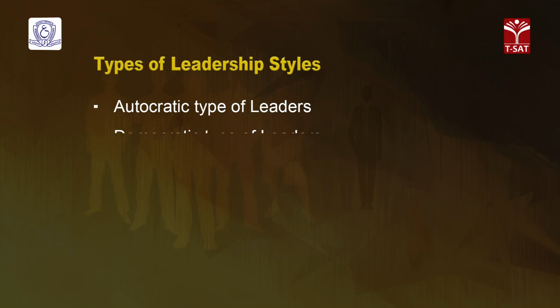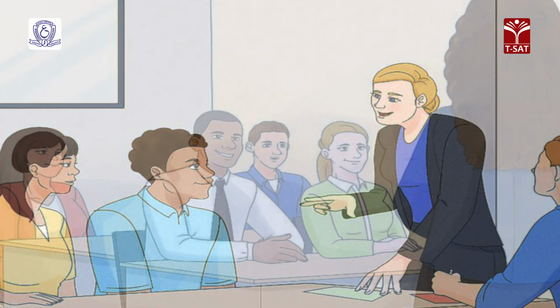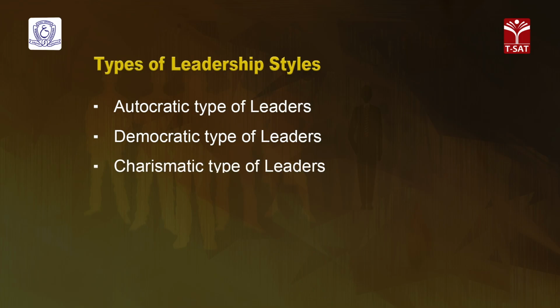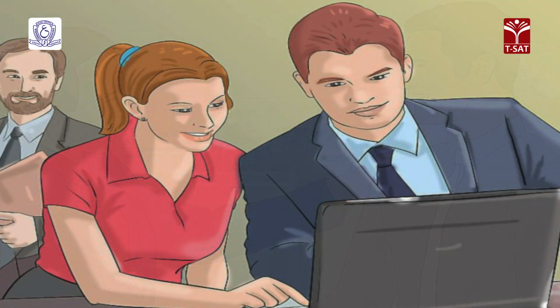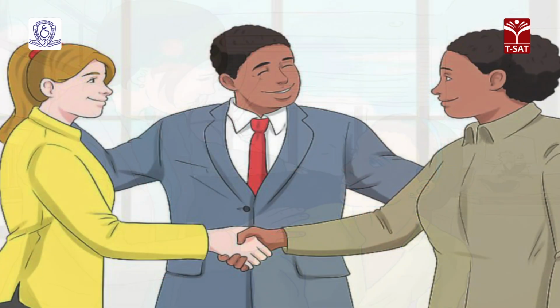Then there are democratic leaders, where the leaders ask the subordinates for input and feedback before making decisions, and such input and feedback is taken into consideration very seriously. Finally, there are charismatic leaders, who lure and motivate the subordinates towards performance beyond expectations, innovations and creations, and create a work culture among the followers.